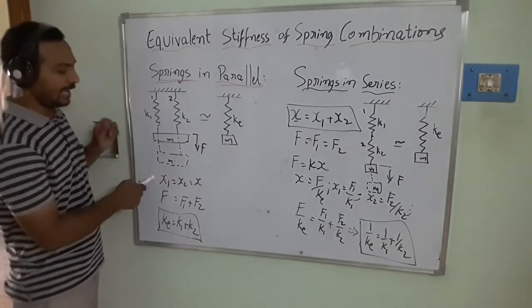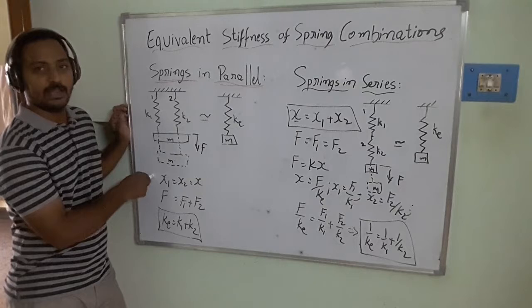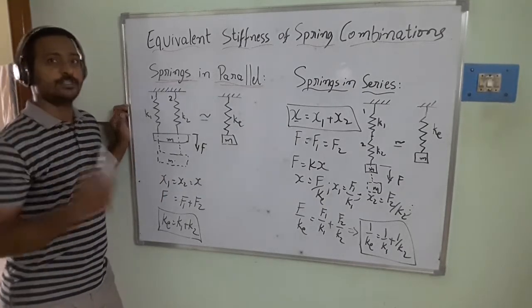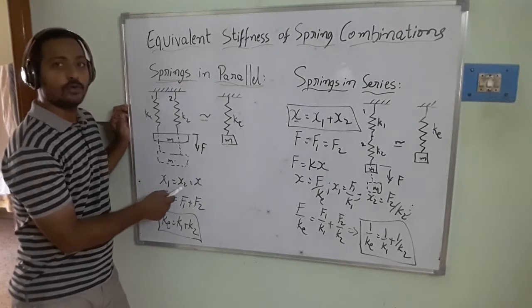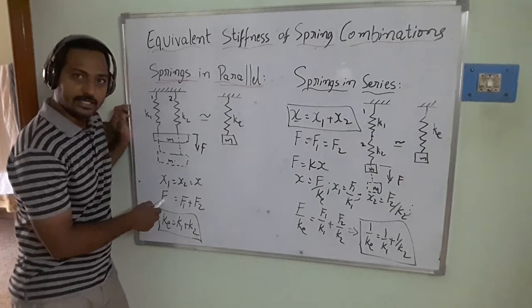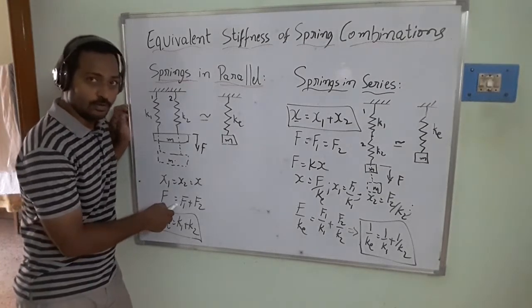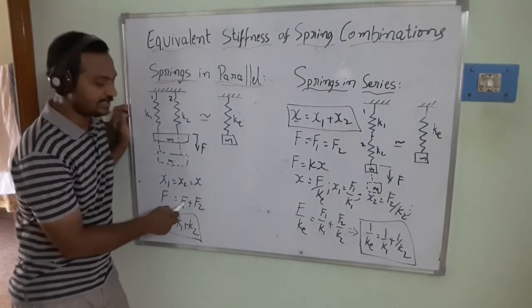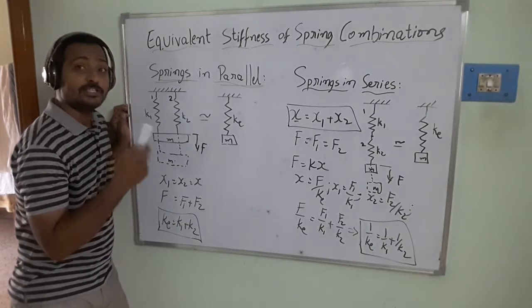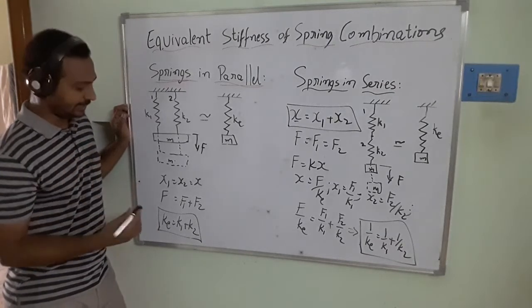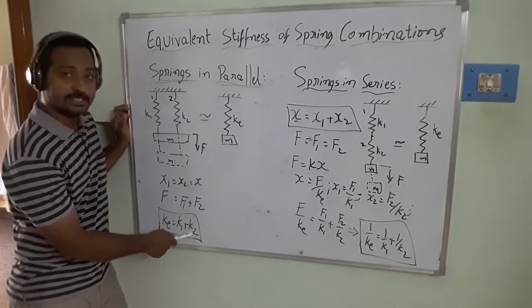In the parallel case, the total deflection is equal to the deflection of the individual springs, that is x1 is equal to x2 is equal to x. But when it comes to the force applied, the total force is equal to F1 plus F2, meaning the total force is the summation of the individual spring forces. So Ke is equal to K1 plus K2.